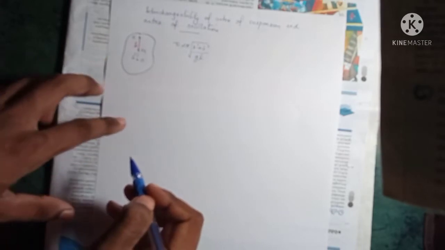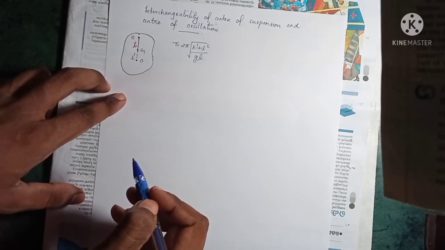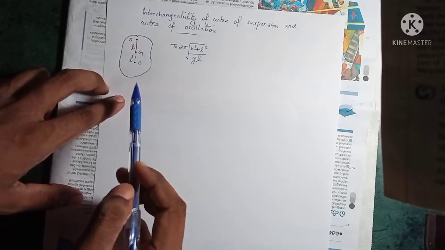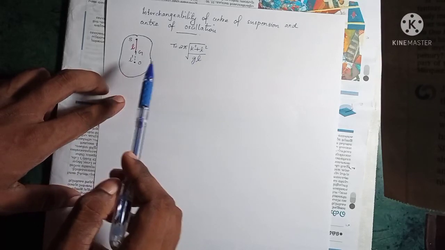So also we obtained the time period of an equivalent simple pendulum, that is a simple pendulum having the same period as this compound pendulum but with a different length.